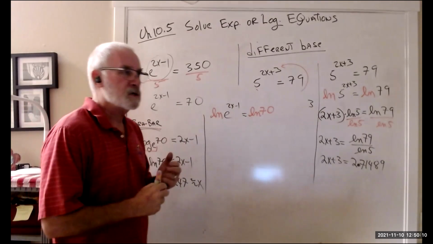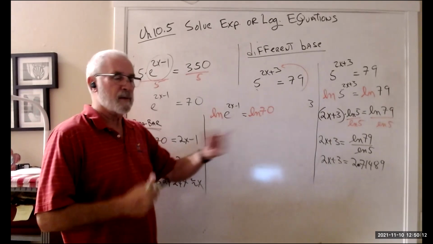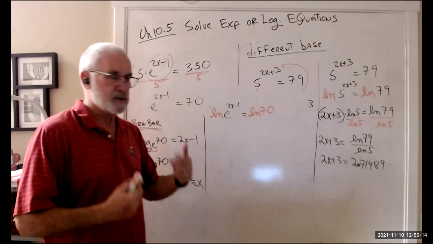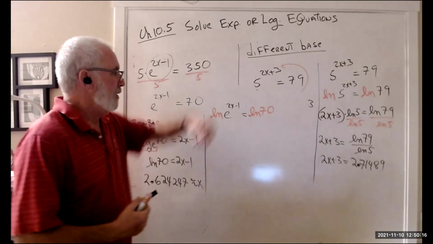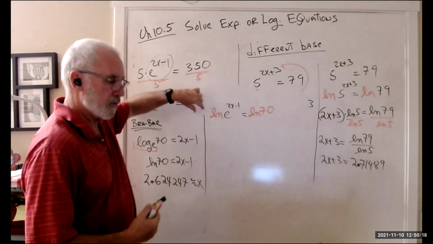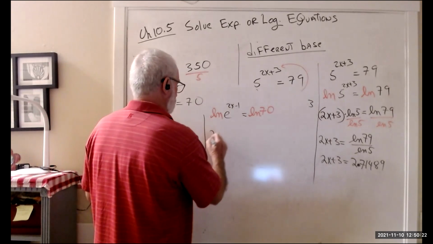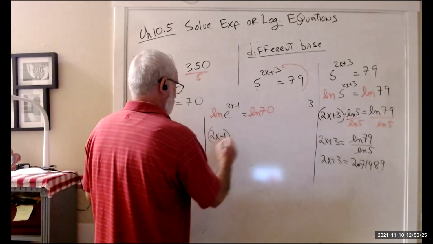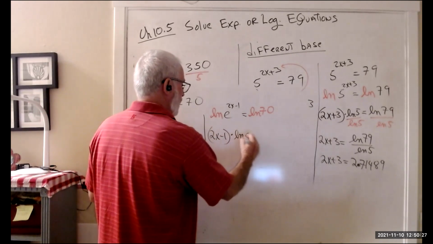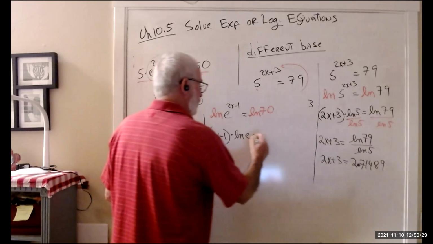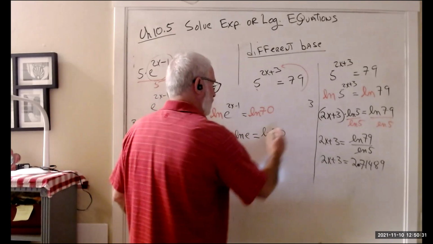Okay, once I've introduced the ln, remember an ln is just a logarithm. It's a special logarithm, but it allows me to bring the power out front. So this is 2x minus 1 times the ln of e equals the ln of 70.